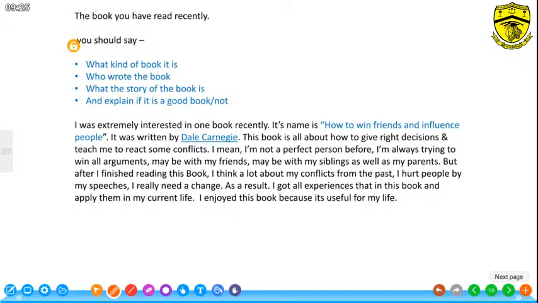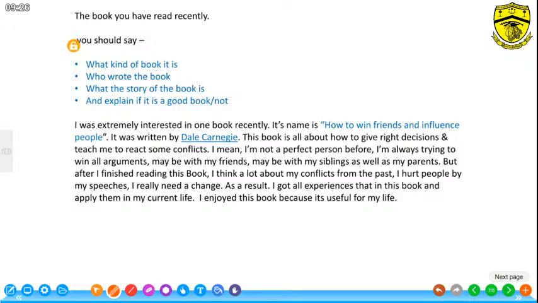Because we are human beings, we have a lot of problems in our life, and sometimes we don't know how to react or how to handle other people. So this is a good book to explain our mentality. It was written by Dale Carnegie.